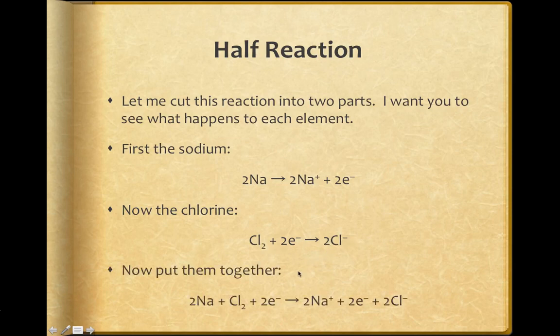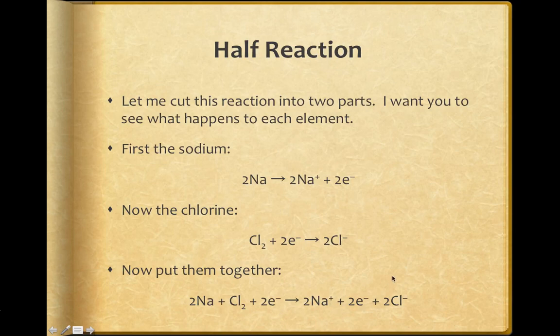And if we put that all together into one equation, including the electrons, I had neutral sodium, I had neutral chlorine, I took 2 electrons and I added them to the chlorine to make it negative.